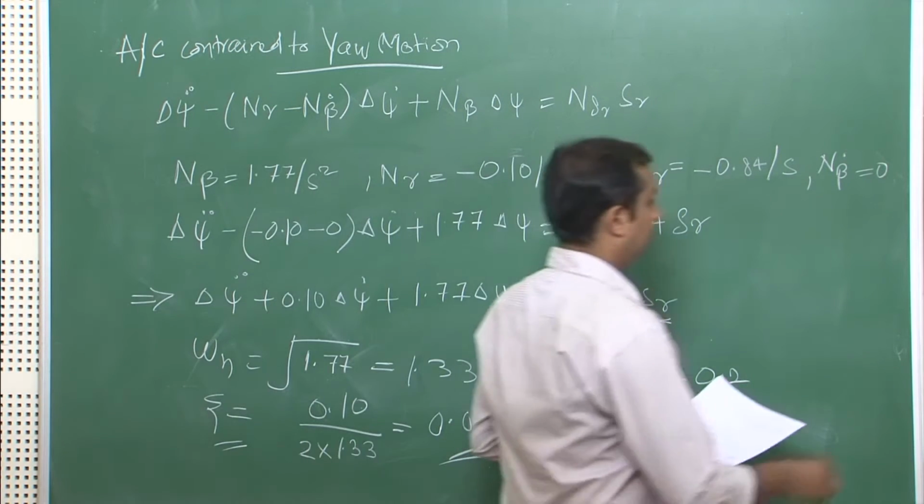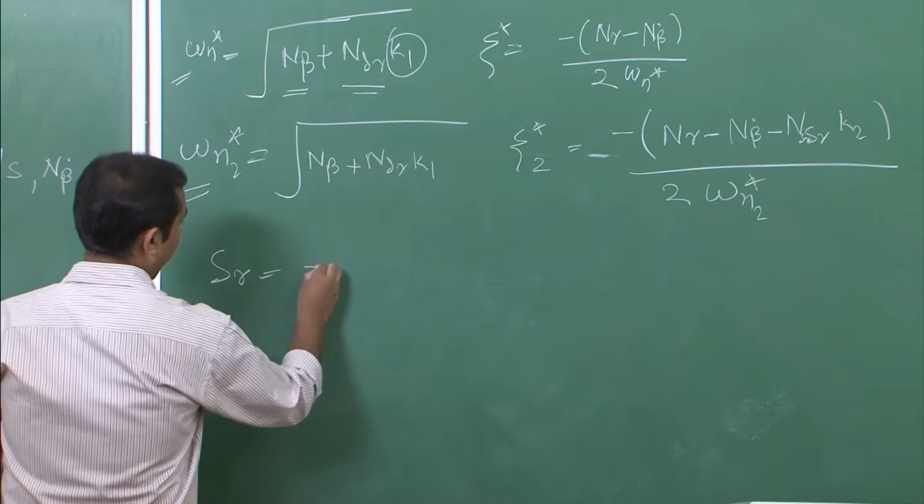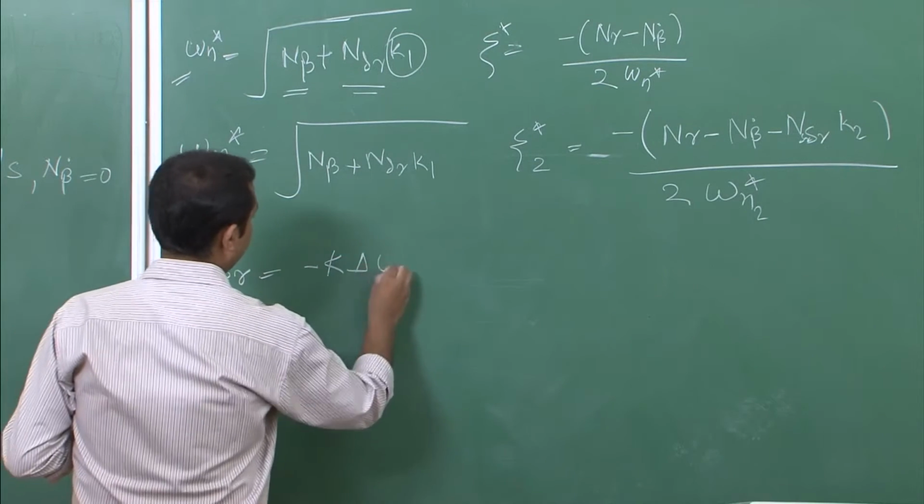So my value of delta r will be minus k of delta psi dot.